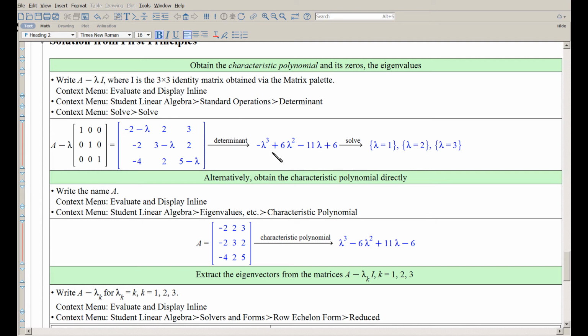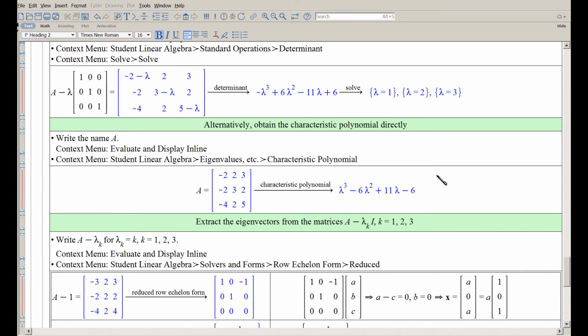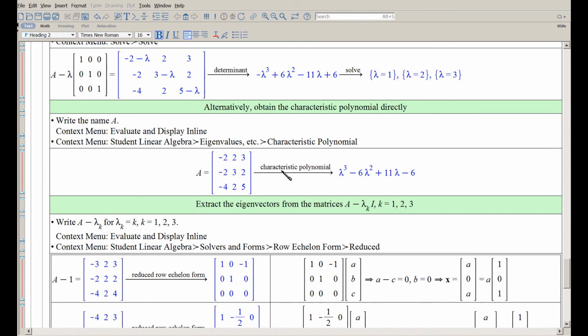So if you look here, Maple provides the determinant and the roots. Remember, you don't have to say equals 0 in Maple when you use the solve command: 1, 2, and 3. Clearly, one can get the characteristic polynomial directly. There is a characteristic polynomial option. The difference here is that Maple will factor out a -1.